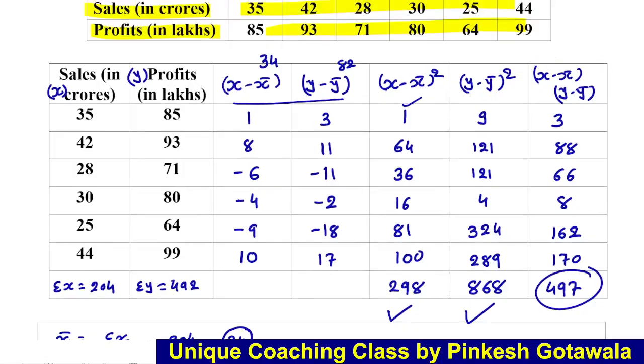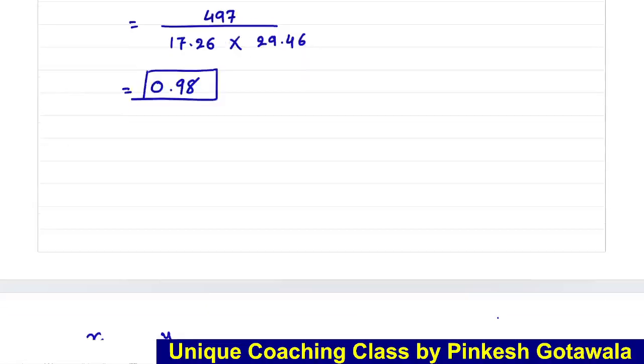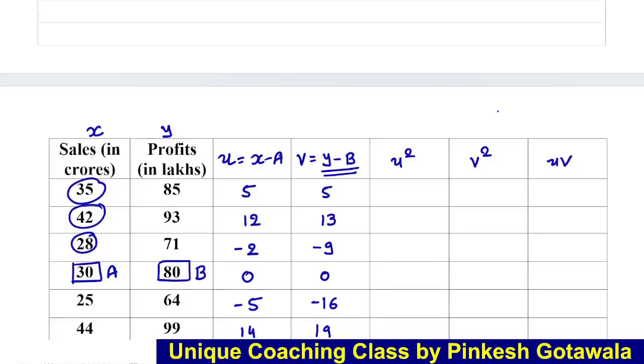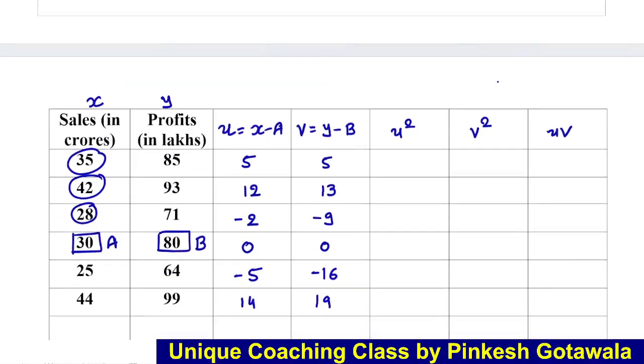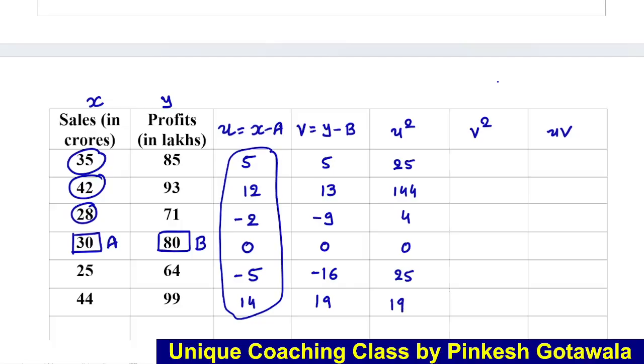The same pattern will be followed here: the square of both and the multiplication of both, square and multiplication. So let's square them. Here 25, 144, 40, 25, 196. Now we square. Let's square this.